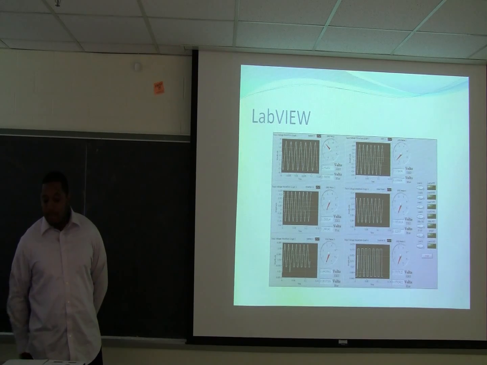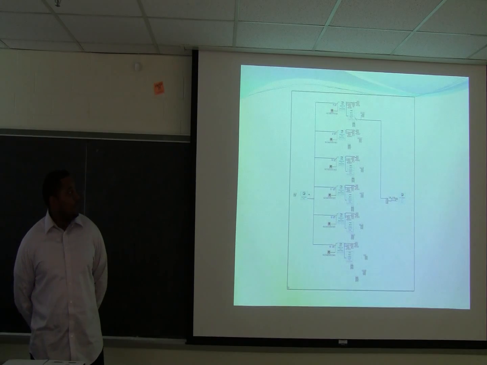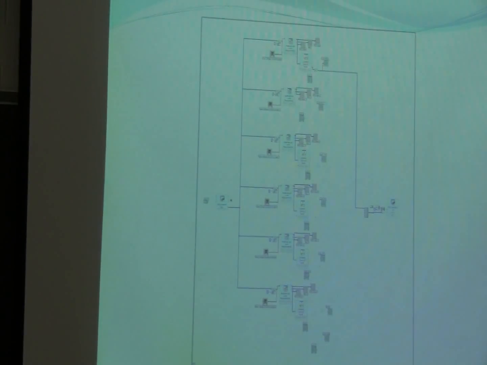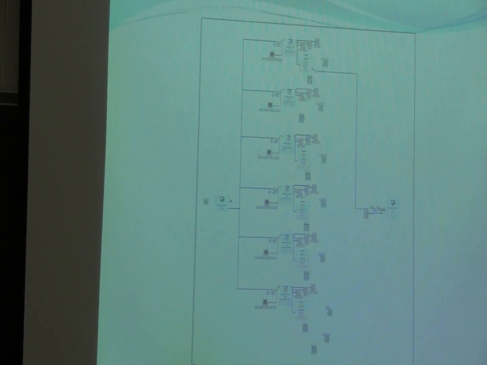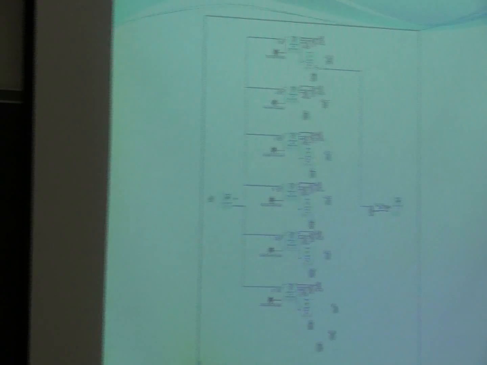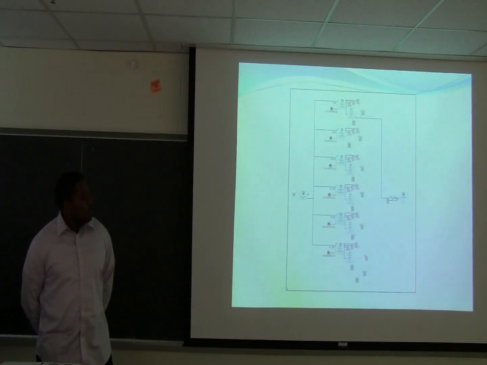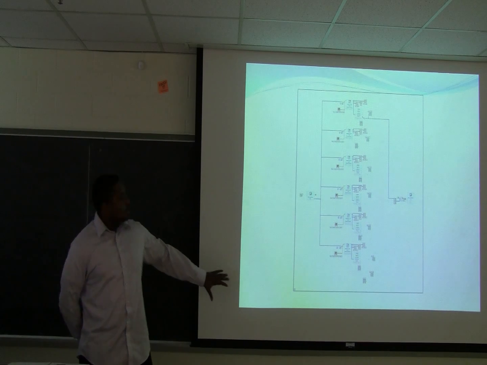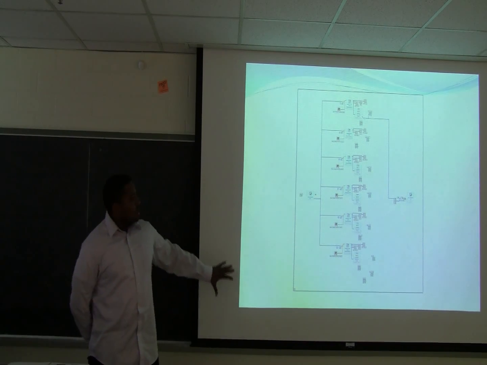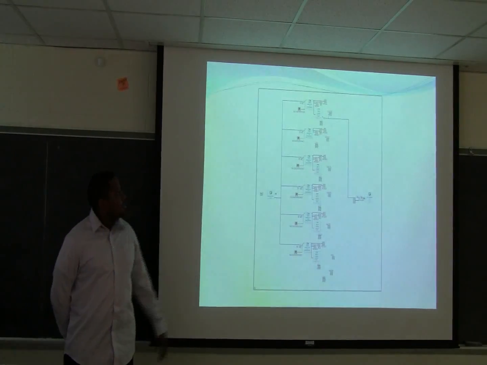And this next part is the block diagram of our LabVIEW program. This allows us to do switching on and off of the loads by the use of BJTs and FETs. The first half is the data acquisition. The small box here is data acquisition.